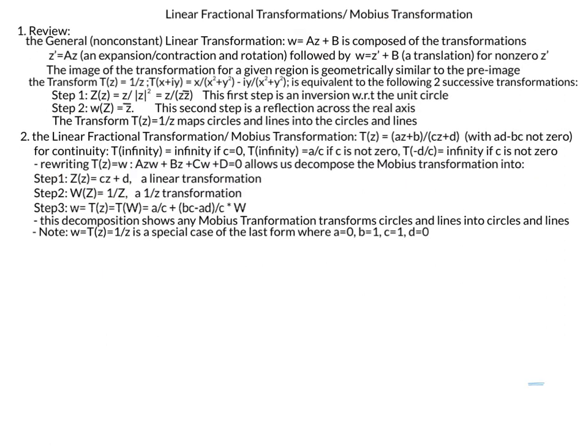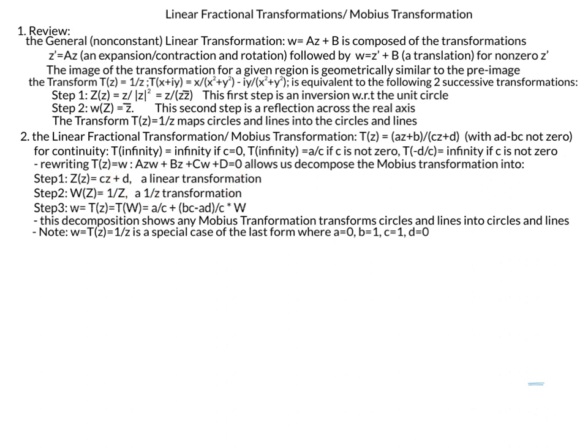And so now that we have the three steps, a linear transformation, a 1 over z transformation, which is this inversion of the unit circle, and another linear transformation. This decomposition shows that any Mobius transformation transforms circles and lines into circles and lines, just as we had before. Because remember, the linear transformation doesn't deform or change any region's shape.